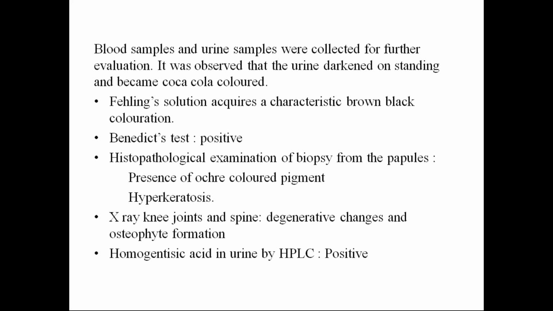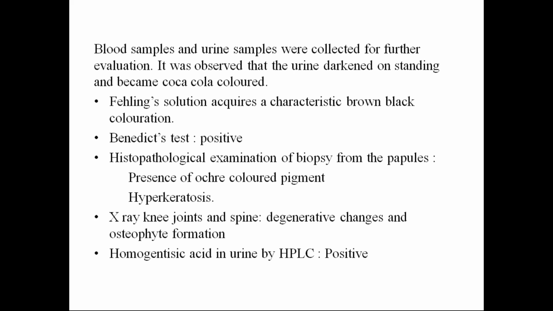And HPLC was also done to test for homogentisic acid in urine, and it came out as positive. Okay, it came out as positive. So all these are the significant findings.